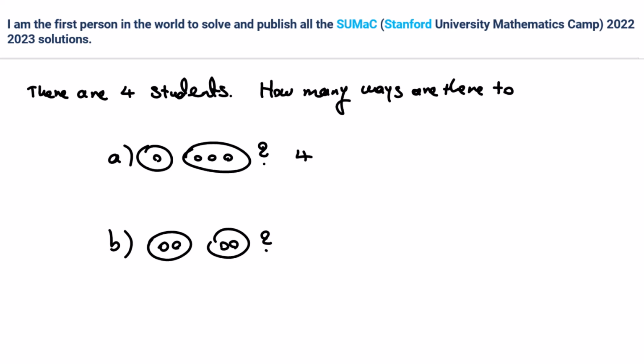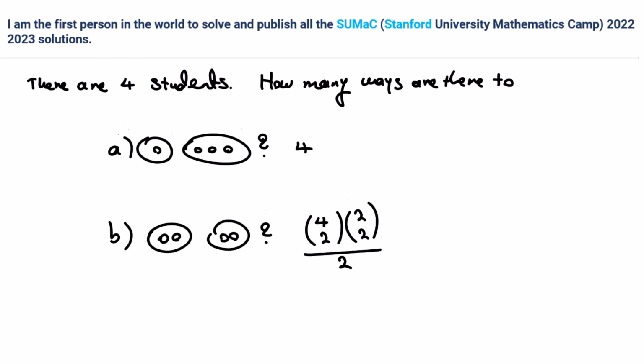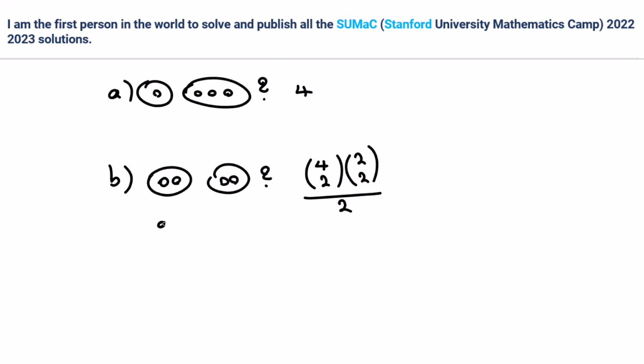3 ways, I think. Why 3? Let's say student A has to be paired with someone, either B, C, or D, and no matter who you pair student A with, that group will be full, and then the other group is already decided because the other 2 students will go into the second group.